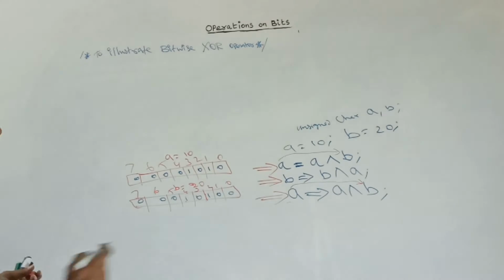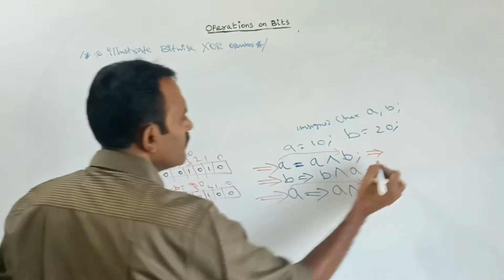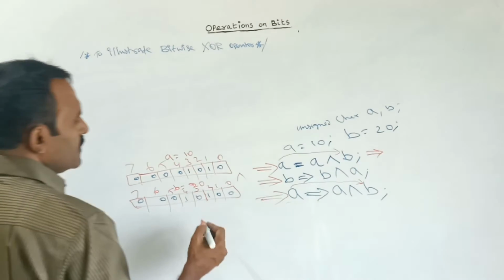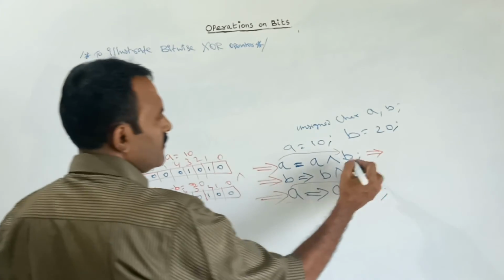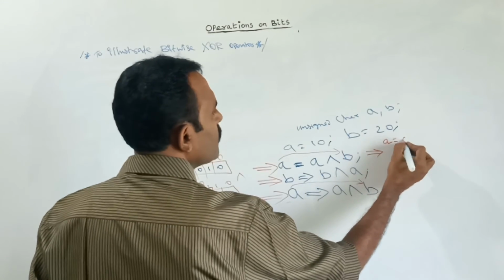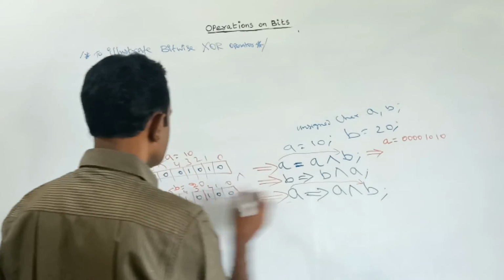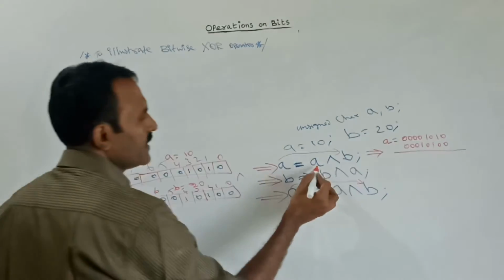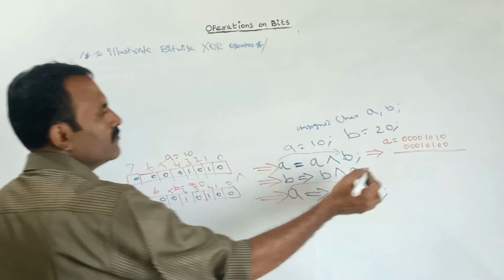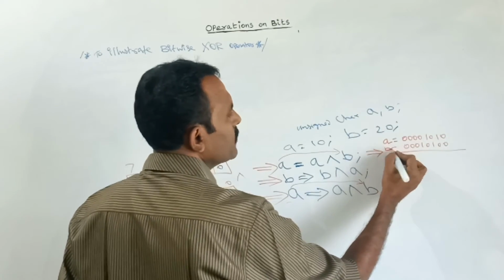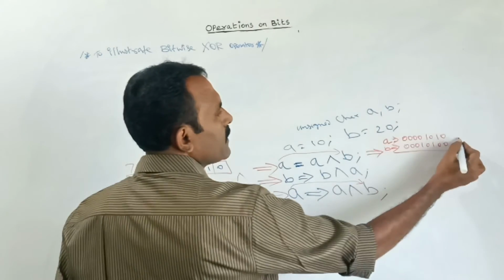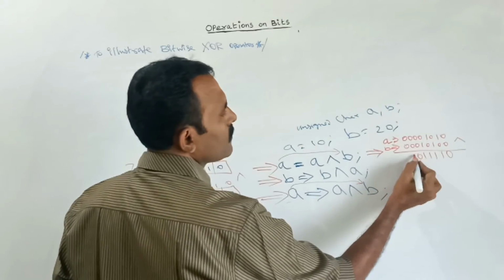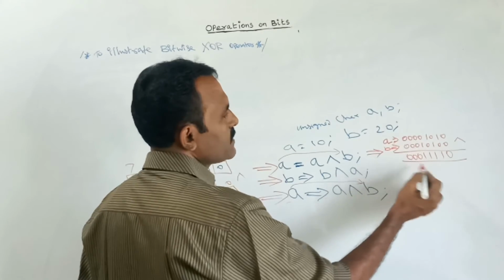See, in this step A is equal to A XORed with B, that is the A value and next the B value. If you XOR A and B, this is the answer. What is the decimal value here?